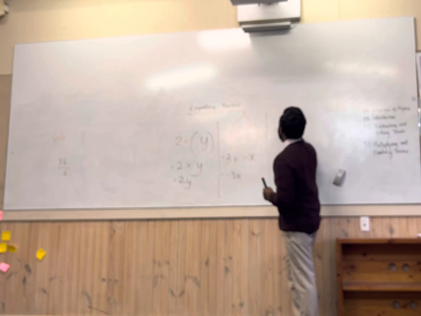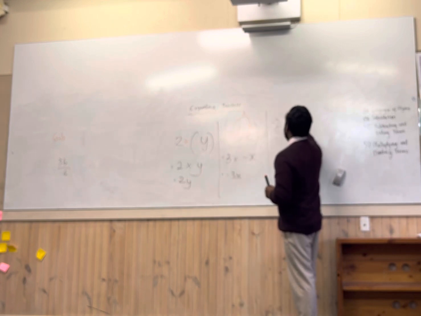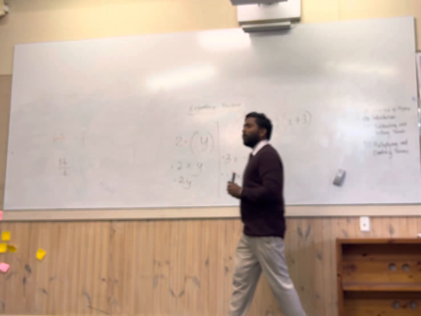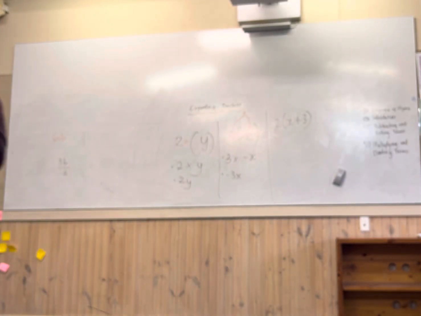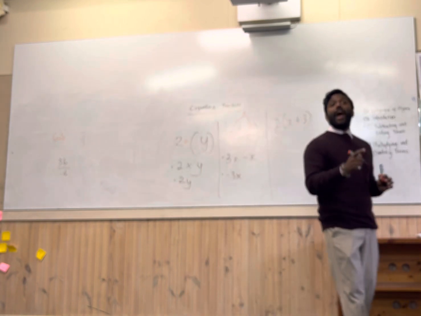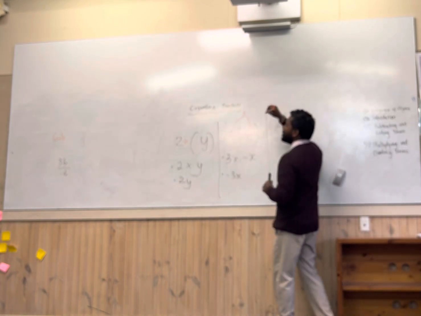So let's say, for example, you had negative 2 times x, we'll go with positive, plus 3. What do we have to do to show what's happening here? Yeah, Gina, so you have to do the arrows. What do we need to draw arrows to?